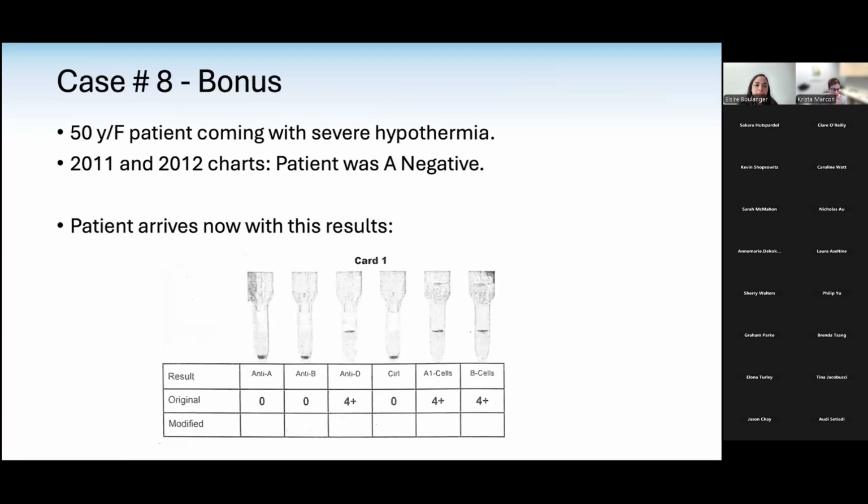This was a case of a 50-year-old female patient coming with hypothermia, but the historical charts show that the patient had a negative blood group, and now she's arriving with these results. Is this an ABO discrepancy? The patient was A negative and is arriving with this.